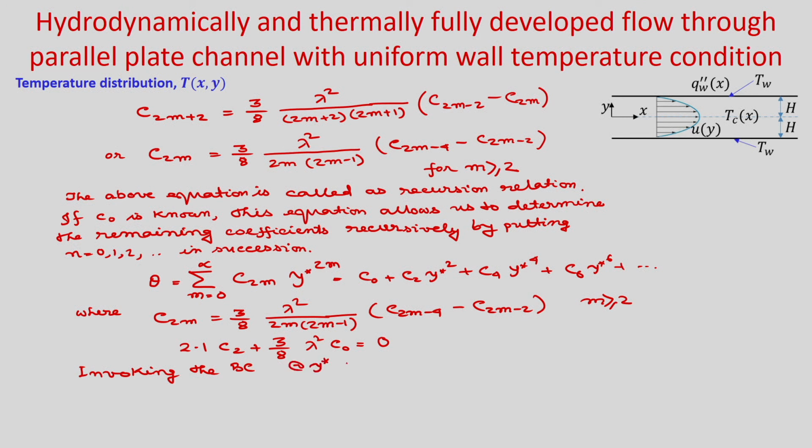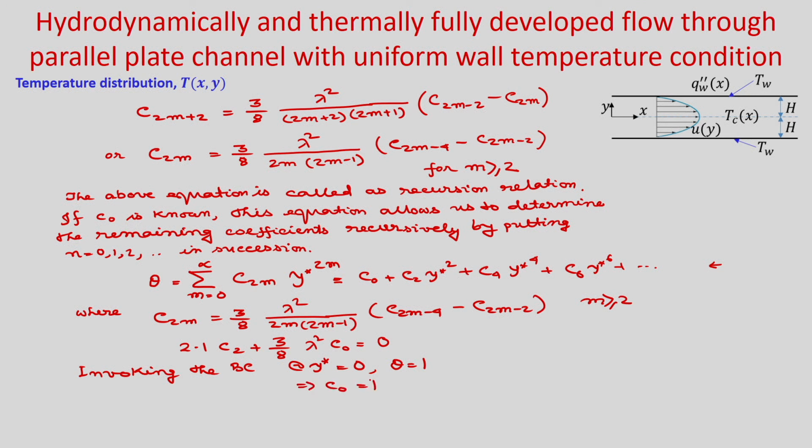At y star is equal to 0, you have theta is equal to 1. So, you can see from this equation theta is equal to C naught plus C 2 y star square. So, these will all become 0 at y star is equal to 0 and theta is equal to 1. So, C naught is equal to 1.